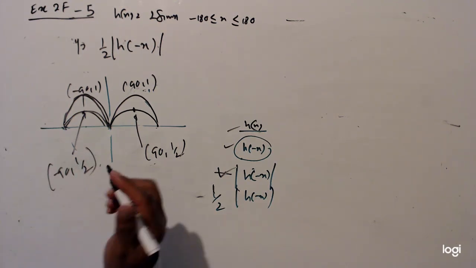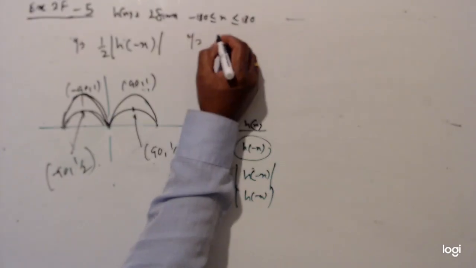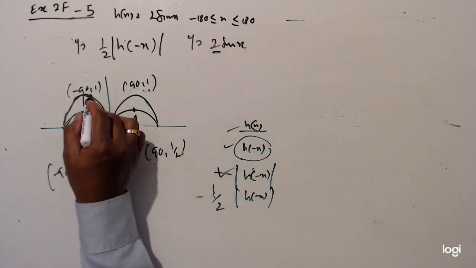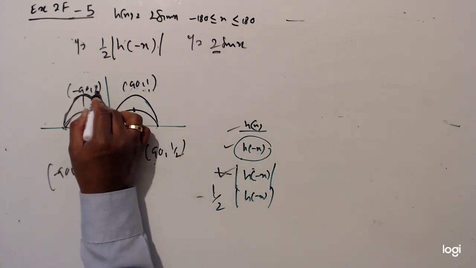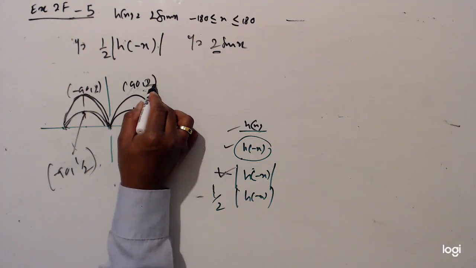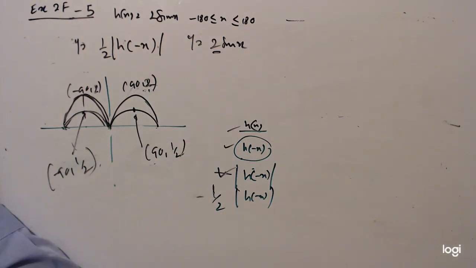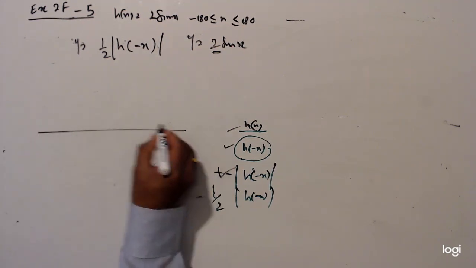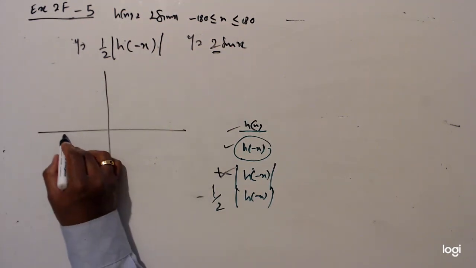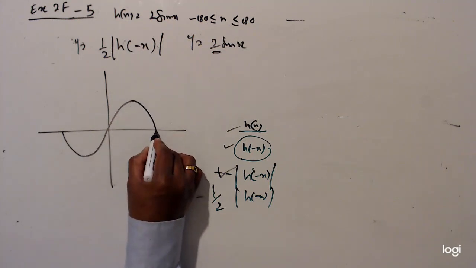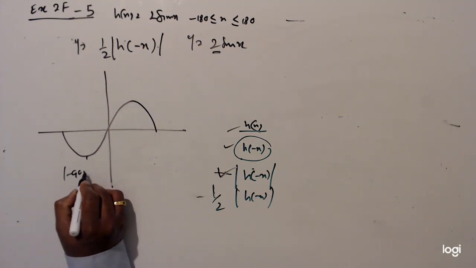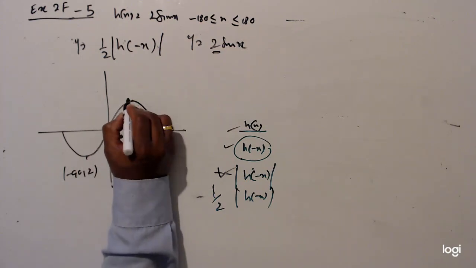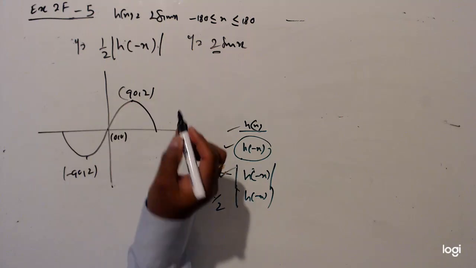I think I have to make a correction, because the graph is 2 sine x. So this is 90 and not 1; this is 90 and 2. So if I quickly go through this again: this is minus 90, 2, 0, 0, and 90, 2.